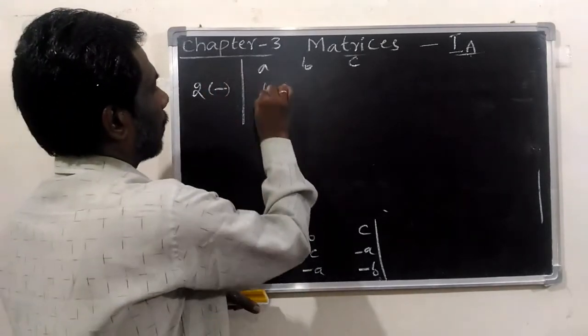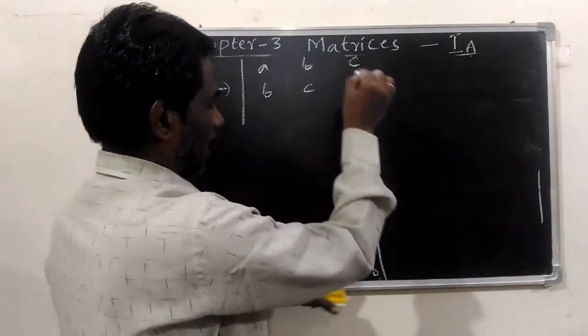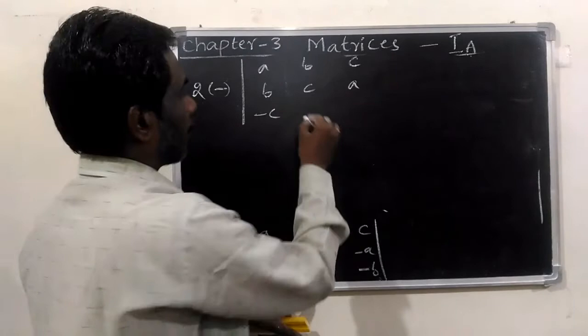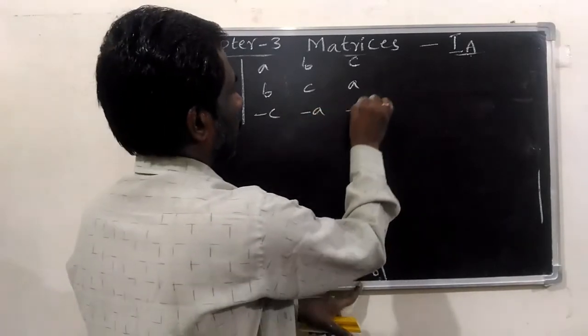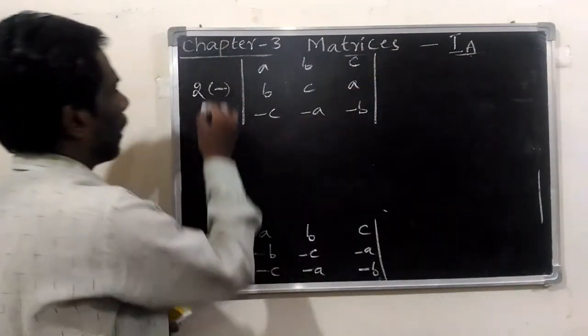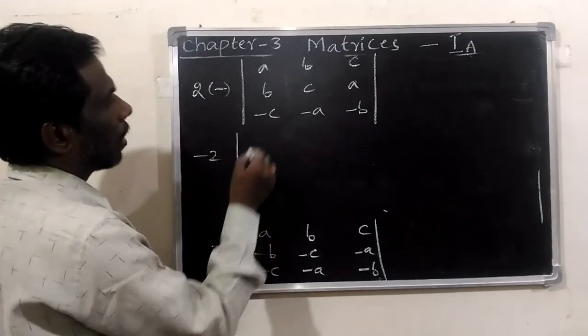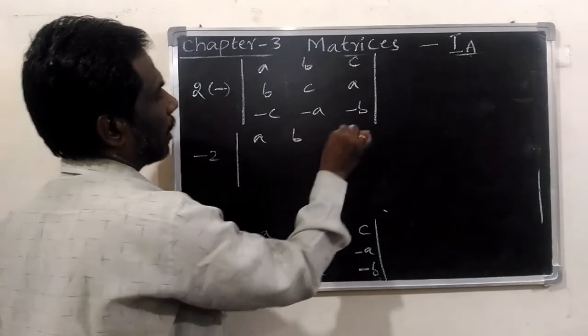Then we can write B, C and A. And minus C, minus A and minus B. And it is minus 2, 2 into minus, minus 2 mod of A, B, C.